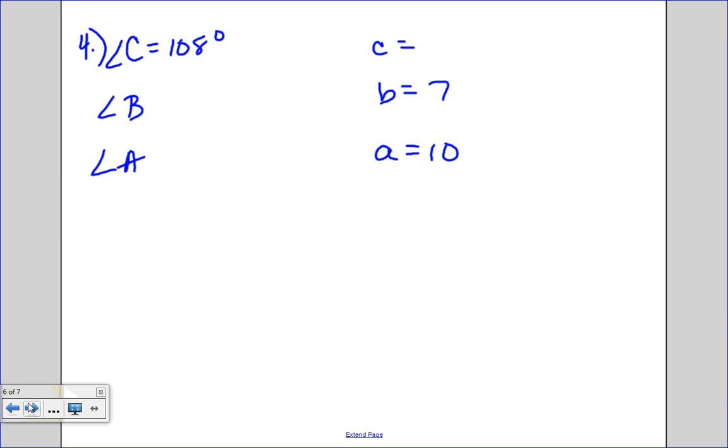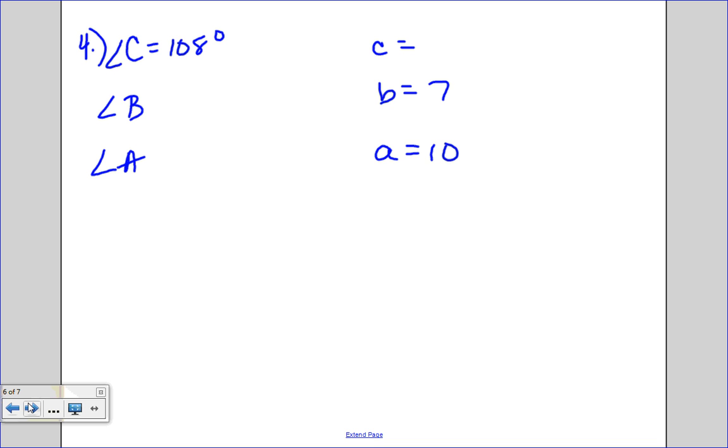Now, I want to show you the next one here. Which formula am I going to be forced to use on this? I have to find C. Well, if we're finding C, I have to know what here? Do I have A and B? And do I have the cosine of C?